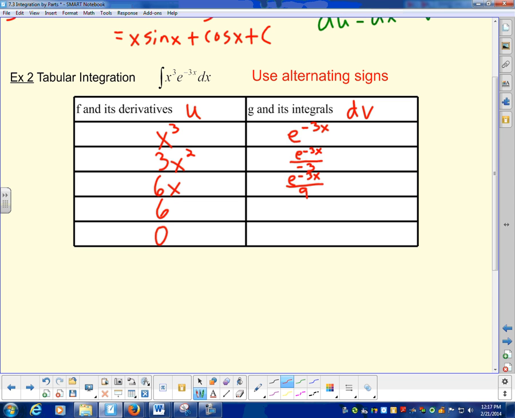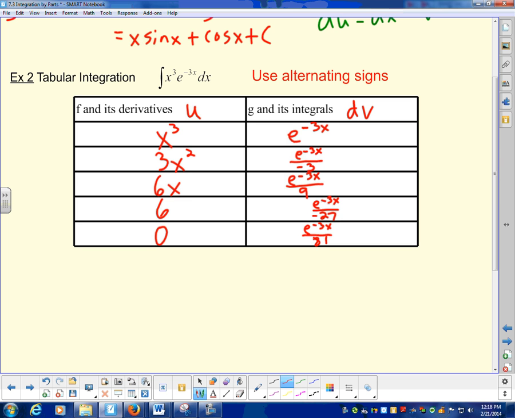And then the next one will be e to the negative 3x divided by negative 27. And then the final one, e to the negative 3x divided by 81, but you've never seen fractions with 81 on the bottom. Or 27 for that matter.